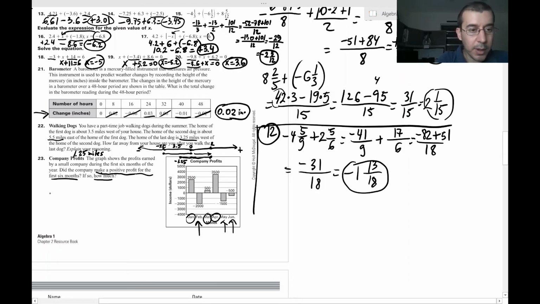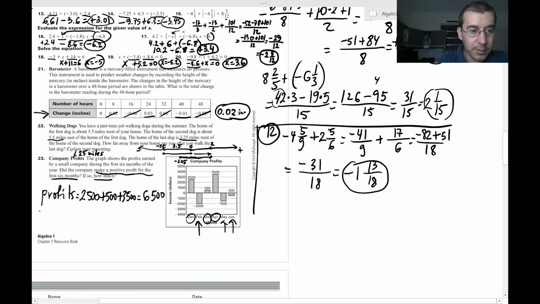So we have to add up the profits first. So profits would be 2,500 plus 500 plus 3,500, which is 2,500 plus 500 is 3,000, plus 3,500 is 6,500.